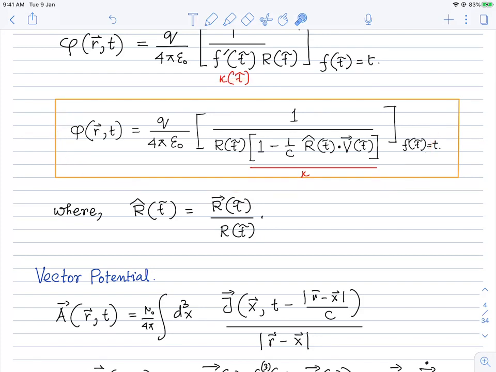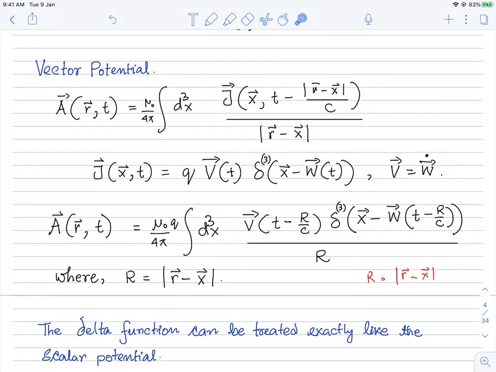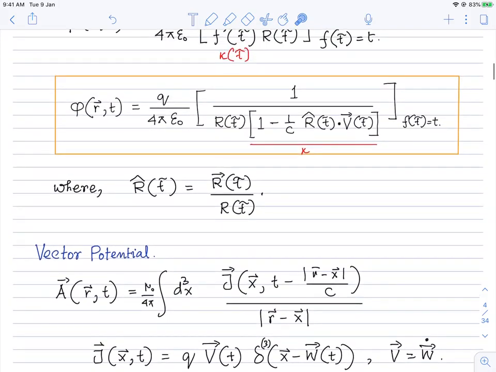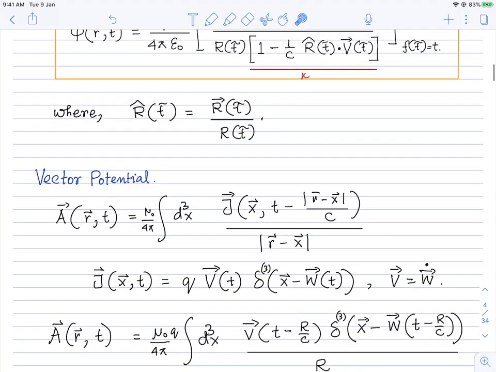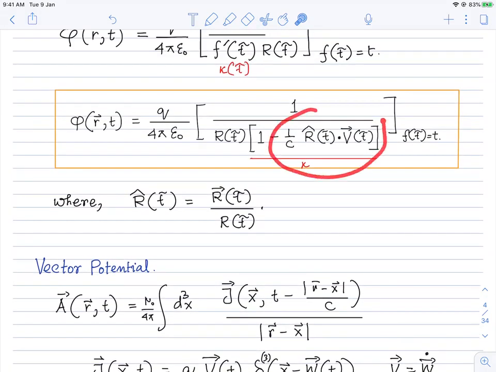That is immediately recovered if we set v equal to 0 here. Similarly, if I set v equal to 0 here, the vector potential also vanishes. Therefore this set describes essentially Coulomb's law. But if the velocity is not zero, then this term has a non-trivial contribution.